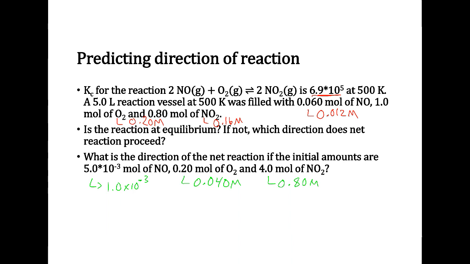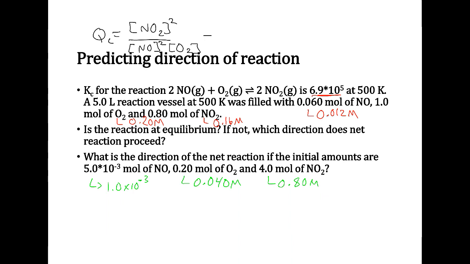So here we'll write the expression again. QC is equal to the concentration of NO2 squared over the concentration of NO squared times the concentration of O2.